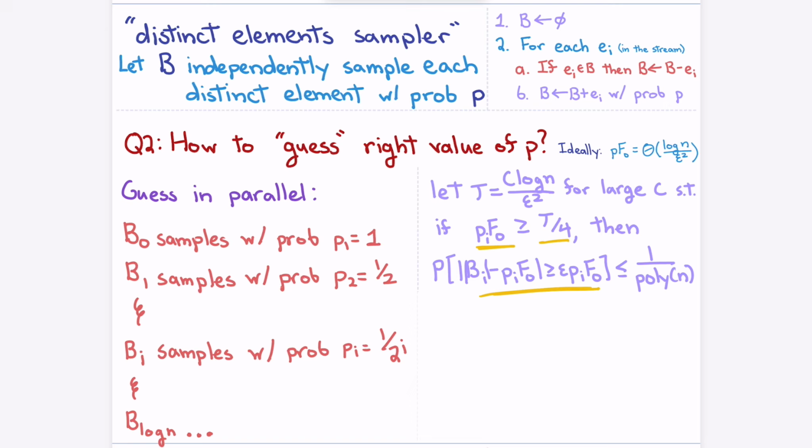Whenever, at any point in the stream for each i, if pi times f0 is bigger than tau over 4, I can basically trust the estimate given by Bi. Even if I don't know f0, because the algorithm is oblivious to what f0 actually is, if at that point in the stream it looks good, it will be good.